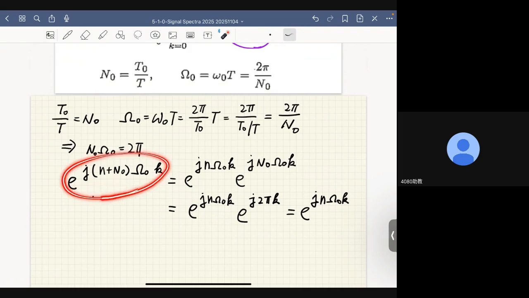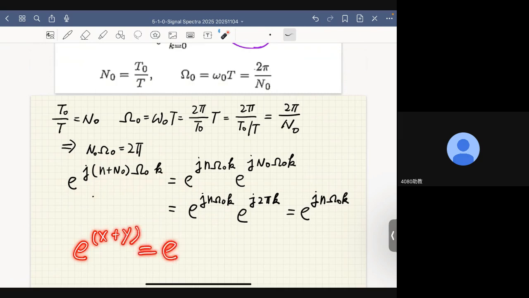I can rewrite this exponential function as this, because e to the x plus y is e to the x times e to the y.